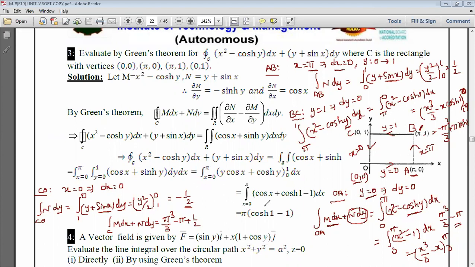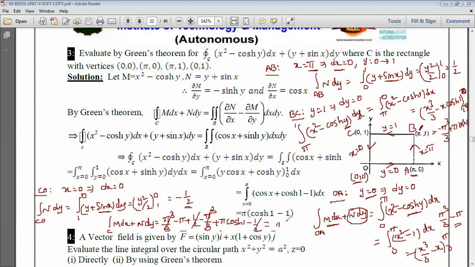Next, BC, minus pi cube by 3 plus pi cos h1. Next, along CO, what we got? Minus 1 by 2. So it means simply here pi cube by 3 minus pi cube by 3, plus 1 by 2 minus 1 by 2, and what about remaining? Minus pi plus pi cos h1.